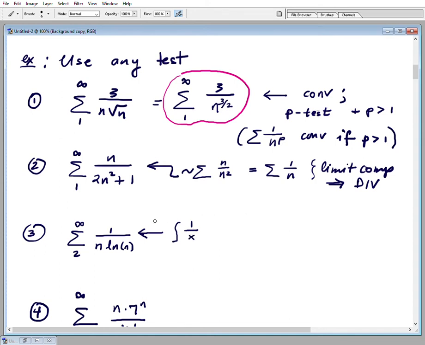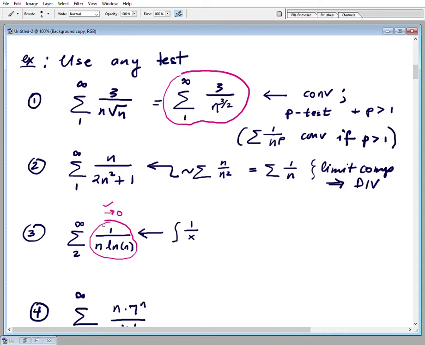Elizabeth has said L'Hopital. L'Hopital might show that, well, we don't really need L'Hopital here. These do go to 0. We definitely need that these terms go to 0, otherwise there's no hope that something converges. So these do go to 0, so that's okay.